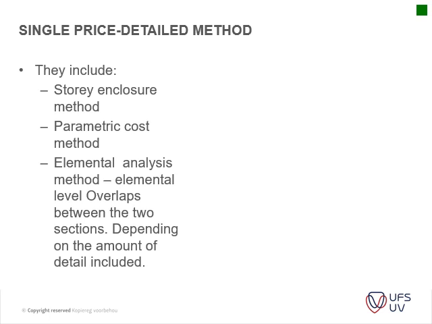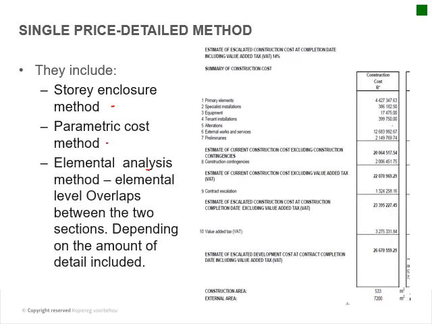Then we've got our single price detailed methods. So we've got our story enclosure method, our parametric system or method, and then we've got our elemental analysis method. The elemental analysis method is just the higher end of estimation, but you will understand that as soon as we get into the actual examples of those.